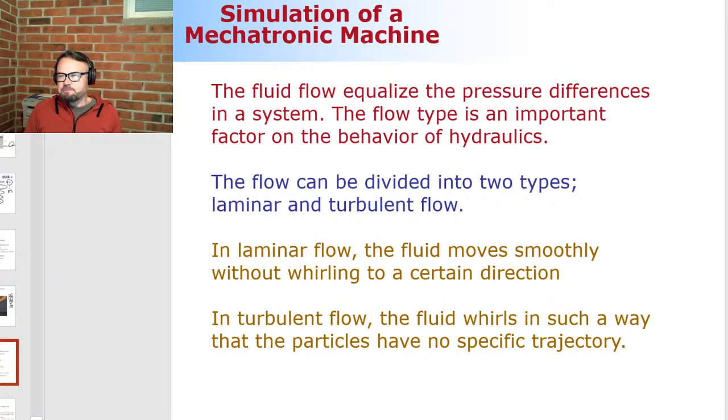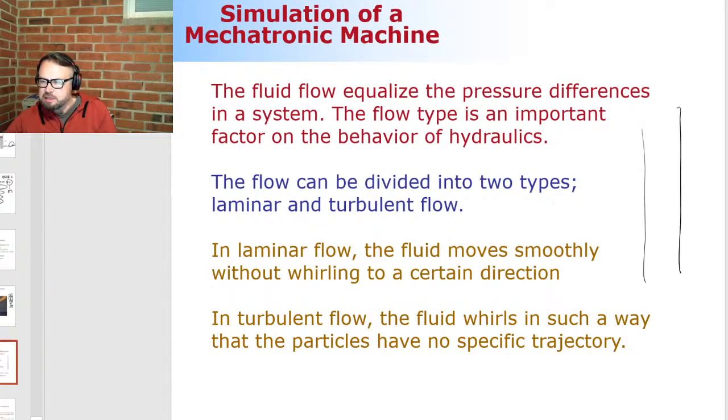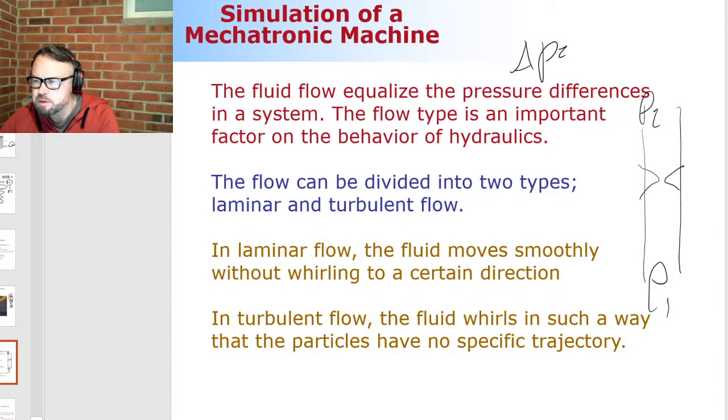Okay, the fluid is the one that is equalizing the pressure differences. That's what it is doing. This is a little bit like a chicken and egg situation, because if we take a look at a setup like this, I have here a pipeline, and in the middle of the pipeline I have a throttle valve. The pressure applied here is P1, the pressure applied here is P2. So the pressure difference can be computed simply as P1 minus P2.